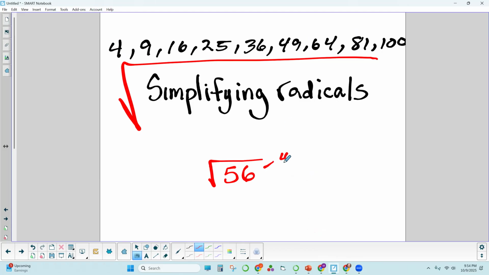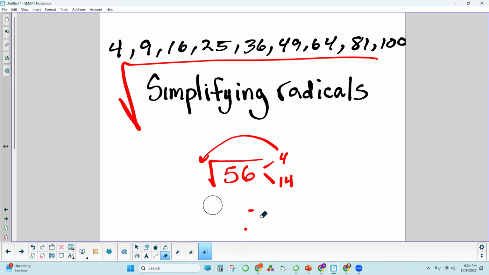So 4 times what is 56? That would be 14. Okay, and then we'll pull our square root, which is 2. Leave the 14 under the radical, remains irrational. 2 square root of 14 is the simplified radical. And it's as easy as that.